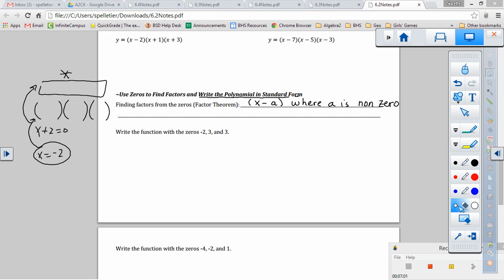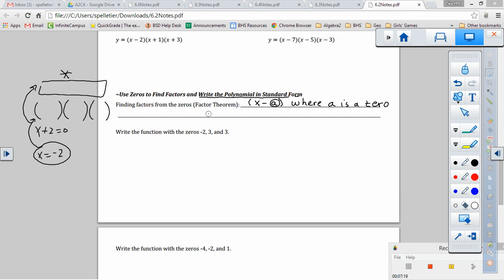Sorry, I didn't mean to write non-zero number. I meant to write a is a 0. So we're trying to figure out what the 0 is. What is this 0 that we get here? So we're going to work backward.